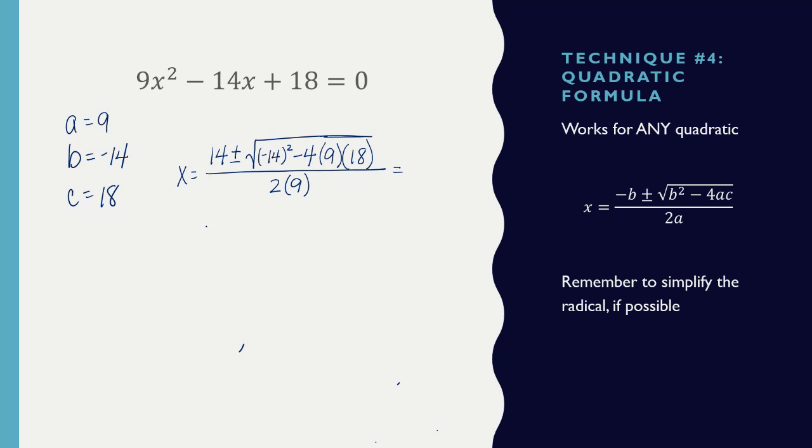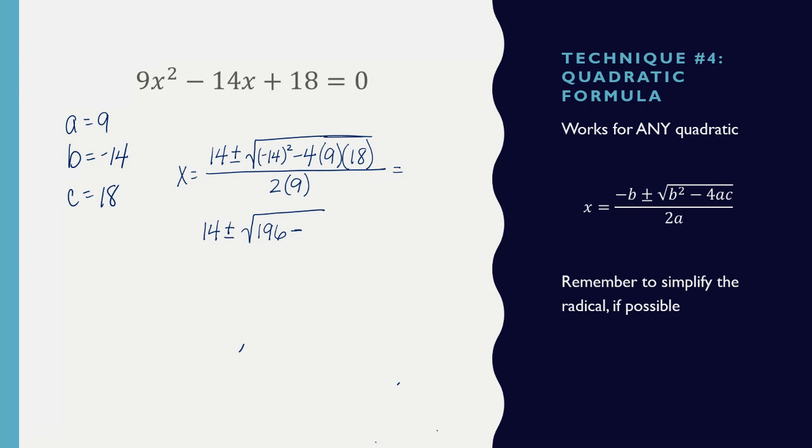Now I start simplifying. I'm going to leave that 14 alone for right now, and I'm going to start working with what is in the radical. So I have the square root of, and then I'm going to take 14 squared, which is 196, minus, and then I'm going to multiply 4 times 9 times 18.